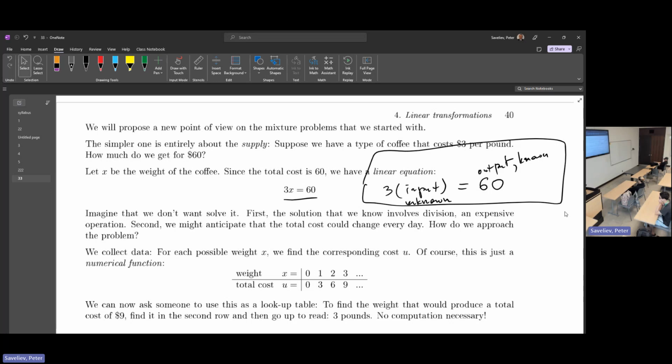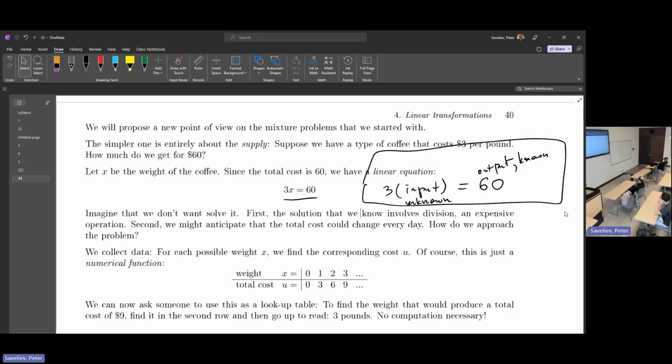But before we do it, why do we necessarily solve the problem by division? We can just match the values. So the values of x are 0, 1, 2, 3, and the total cost is multiplied by 3. So we pre-compute our function as a table, and so we have a bunch of x's and a bunch of y's paired up.